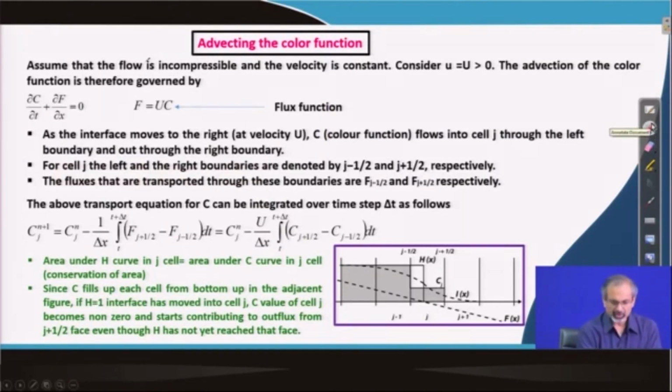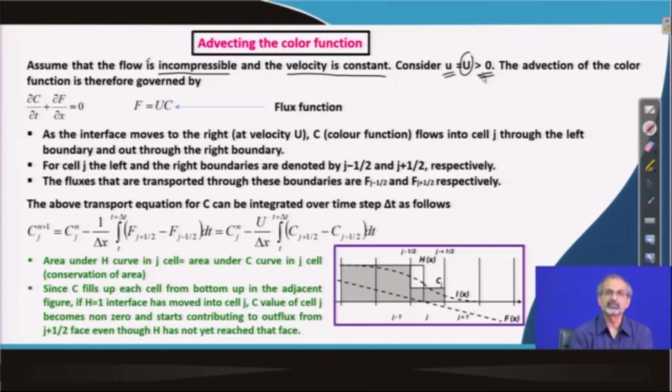Let us talk about an incompressible flow where the local velocity is a constant. The velocity u, which in general is a variable, is set to a constant value here, called capital U, and it is kept positive. Now we are trying to find out how the color function would advect under the influence of this positive constant velocity.